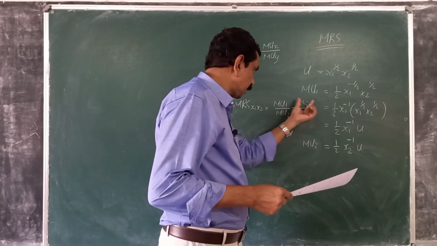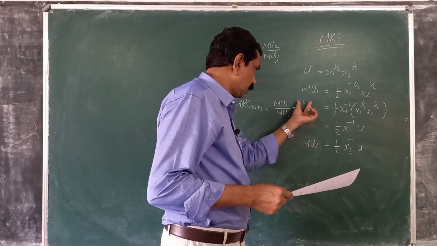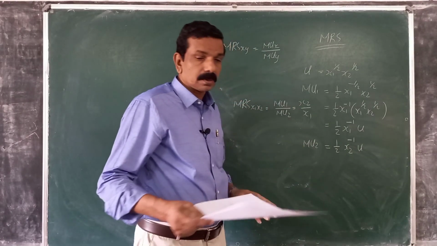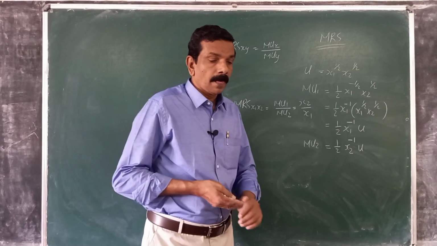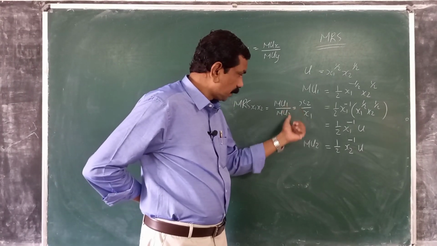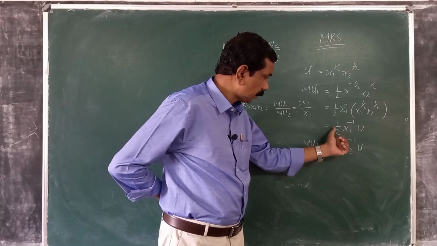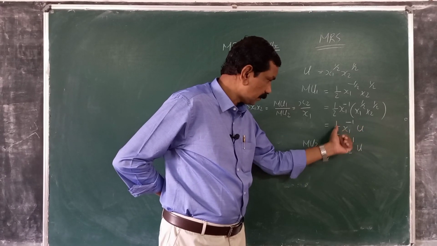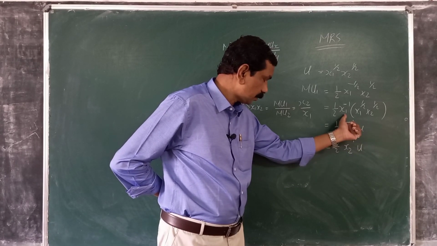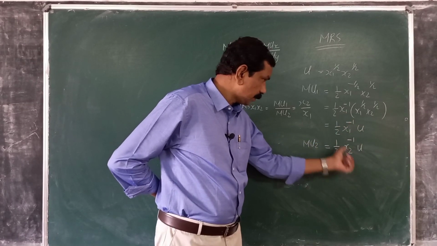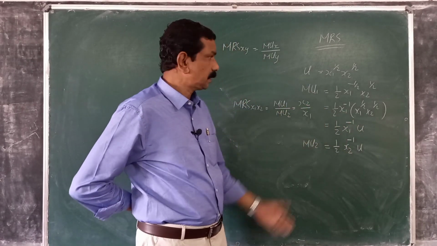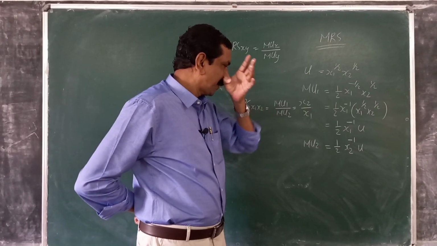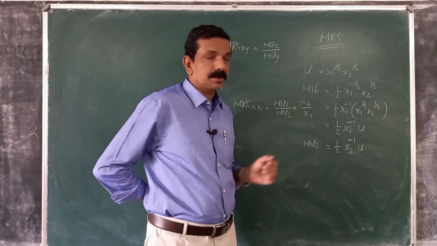Because x1 and x2 are positive quantities, MRS x1x2 is also a positive quantity. So simply MU1 by MU2, 1 by 2 x1 raised to minus 1 into u; the u and u will cancel, the 1 by 2 cancels, this goes to the numerator, this to the denominator, x2 by x1. As an example of MRS, if the utility function is given like this, MRS is a positive number, x2 by x1.